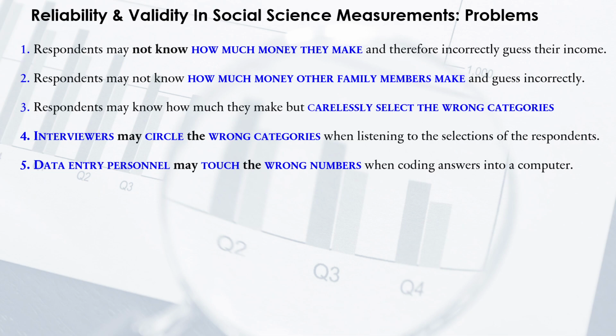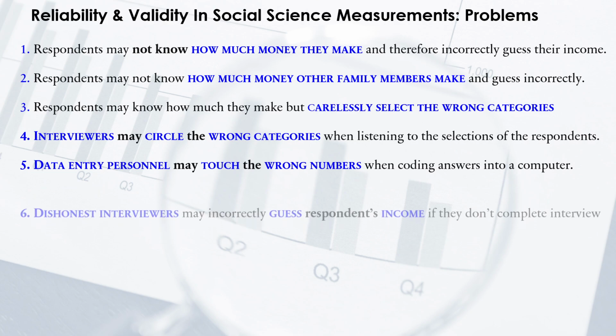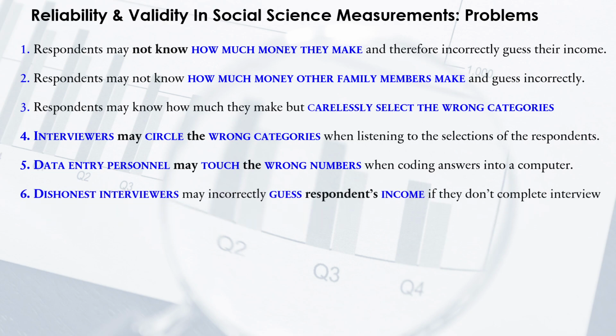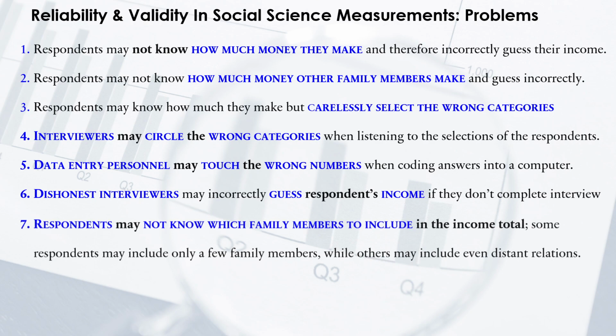For example, if you're putting in $50,000, you find someone input $500,000, which then skews the whole question. Dishonest interviewers may incorrectly guess. Like if you didn't complete a survey, I might just put in numbers there based on maybe the average of that region or other numbers that you probably entered.